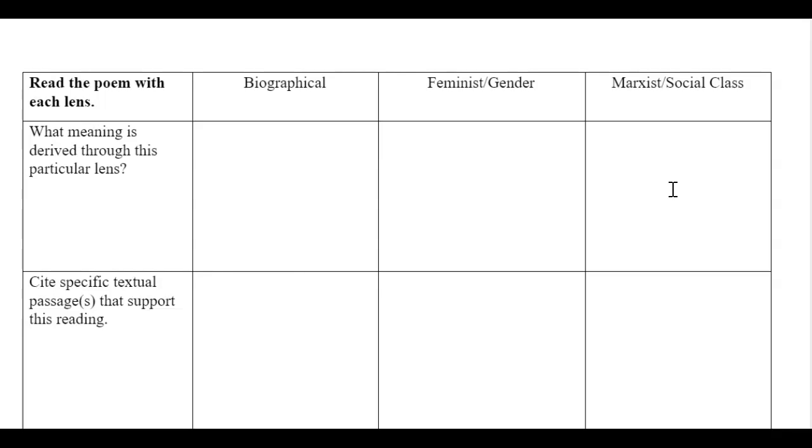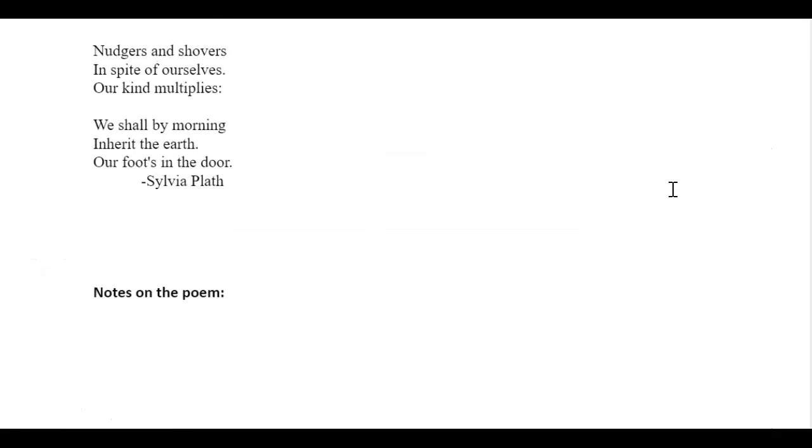So actually, these activities are a little bit harder than choosing a lens and doing a really in-depth critical analysis of a larger piece, because I'm asking you to put on multiple lenses and look at the same piece and start to see those changes and how you can see things with those different perspectives. So you're going to take off one pair, like literally think about yourself as putting on and taking off glasses, biographical, feminist, Marxist, and answer things appropriately.